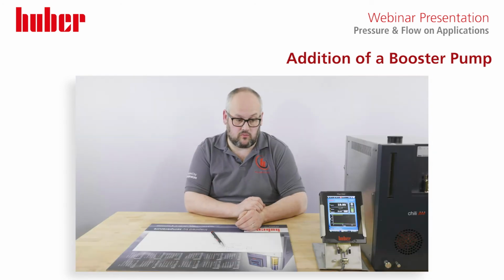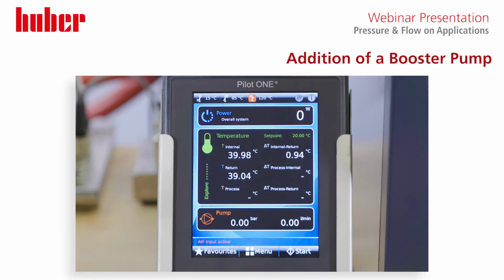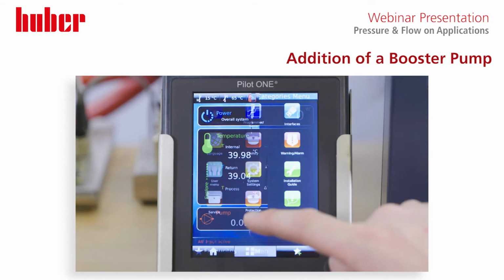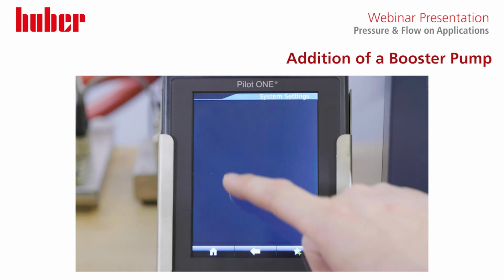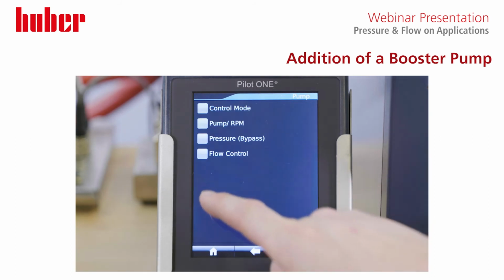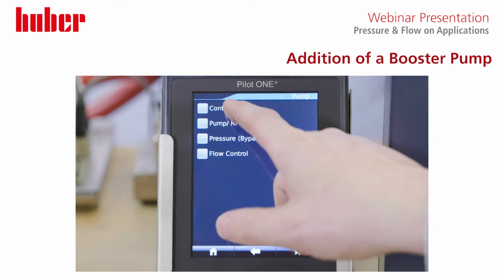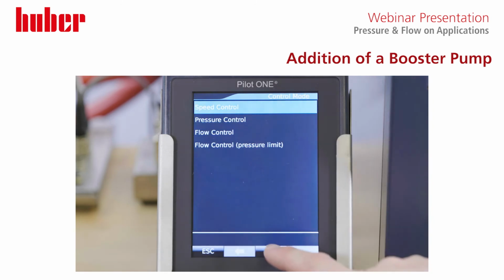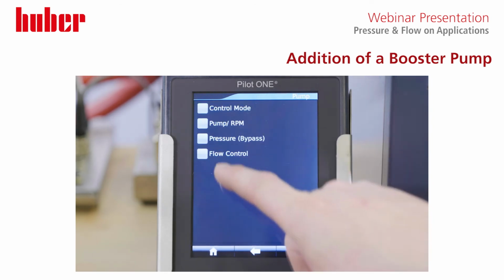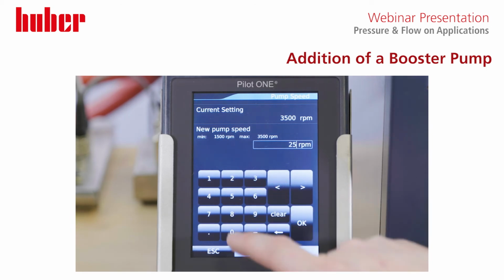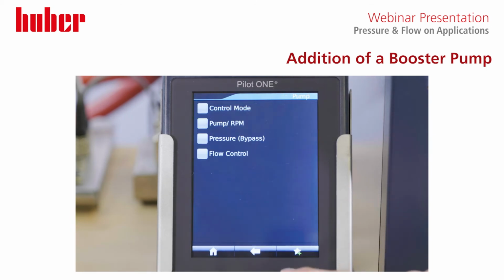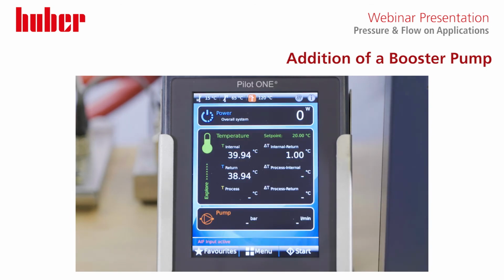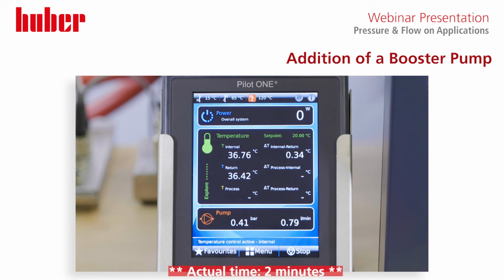What we'll see here is we're going to turn the system on without our booster pump running. So when we turn on our Chili, we can get it running.